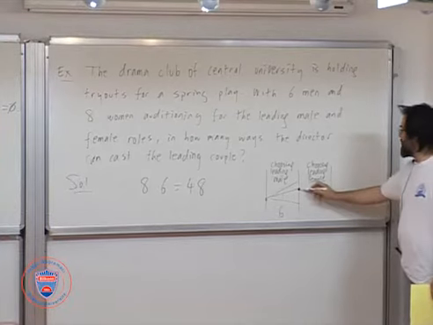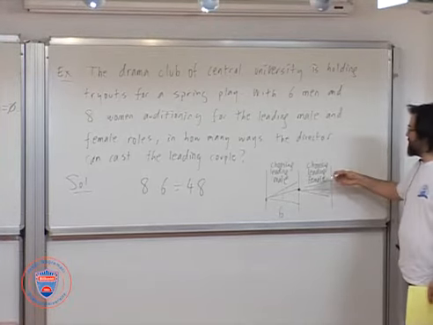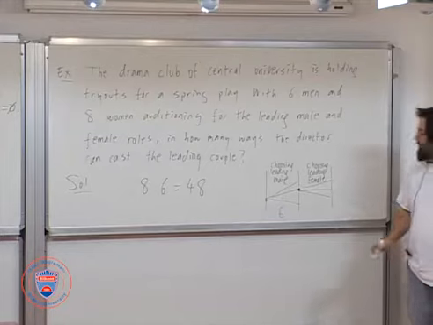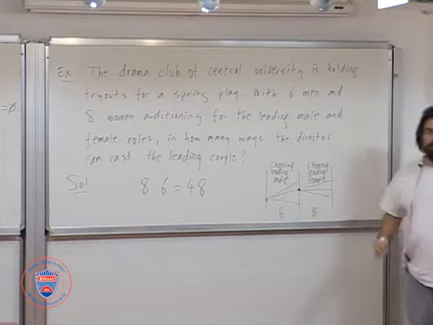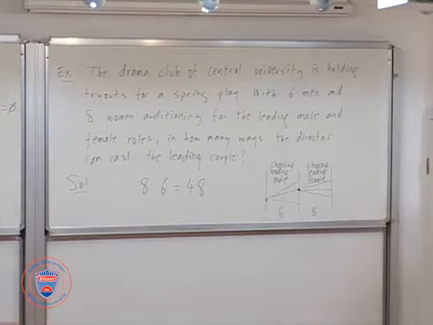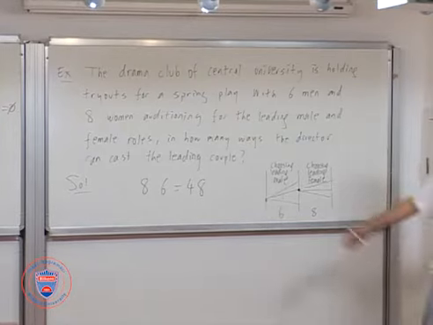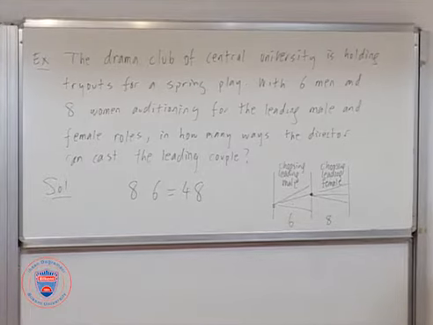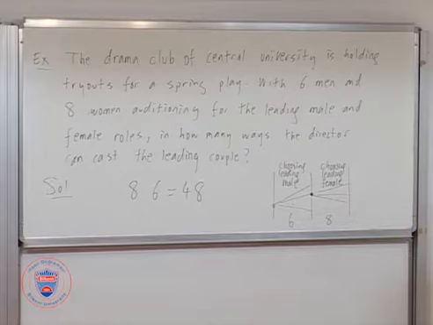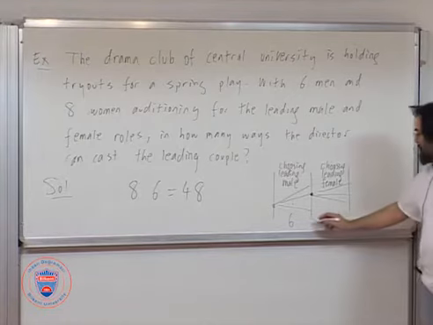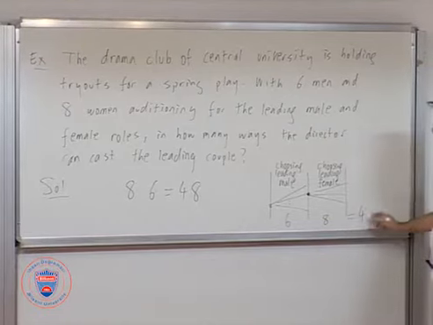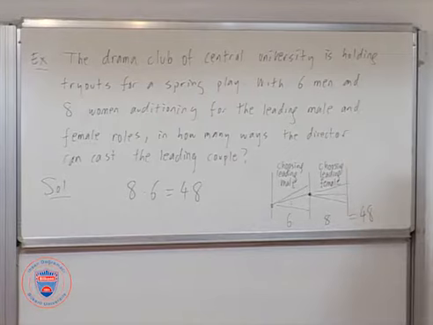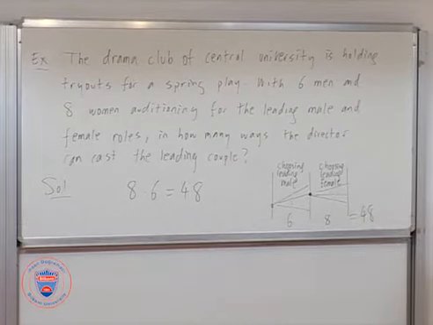Again, independent from what happened in the first step, this can be done in 8 different ways. You can choose any of the 8 women. Choosing a certain man doesn't affect your choices in the second step. These are two completely independent steps of your experiment. Because of that, you can apply the product rule and conclude that it is 48. Okay?